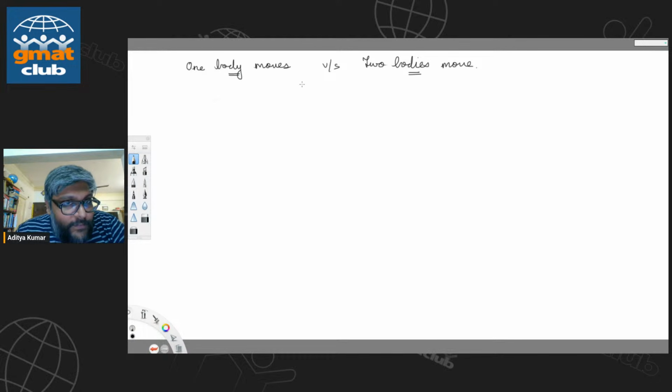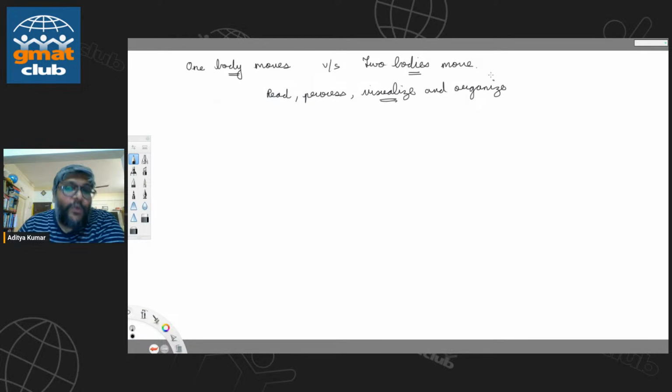So the first thing you have to do when you work with a speed, distance, time based question, I'm going to write like a quick flow chart kind of thing. Read the question, process the information, visualize the question. This is the most important bit in this topic. Learn to visualize the question like a real life scenario and organize your information. That should be your goal when you read the question the first time. It shouldn't be towards creating equations and trying to solve from the outset.